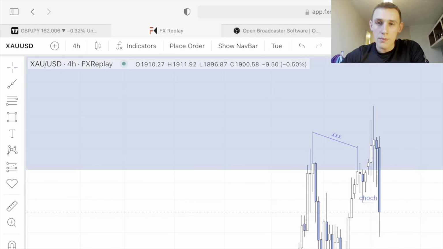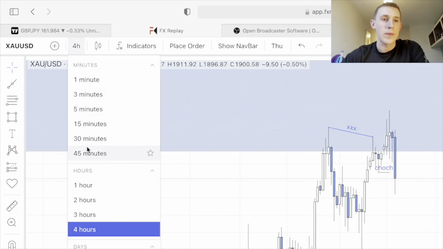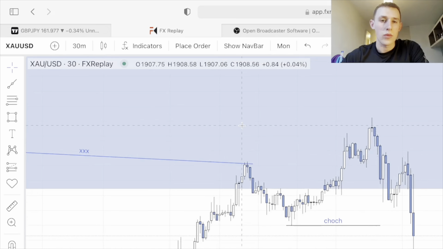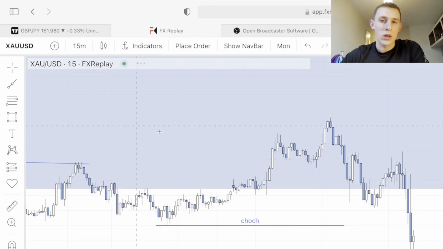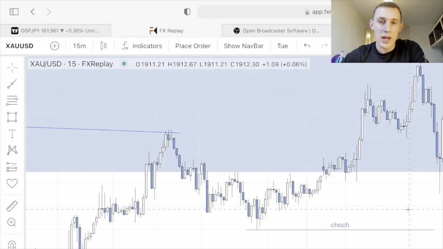Areas to enter from. Not really seeing anything too clean at the moment.